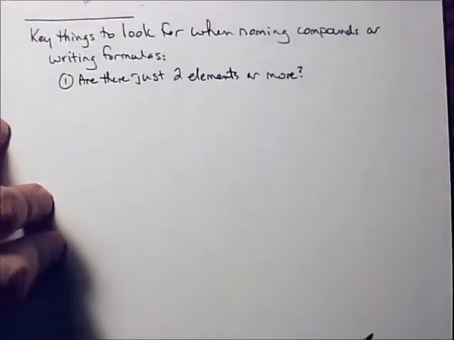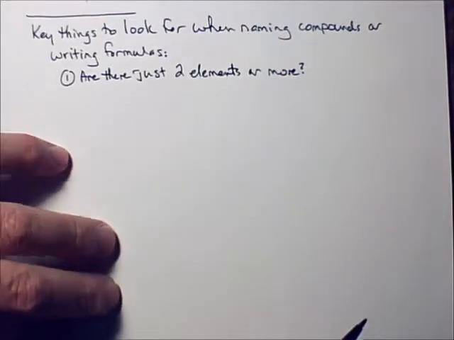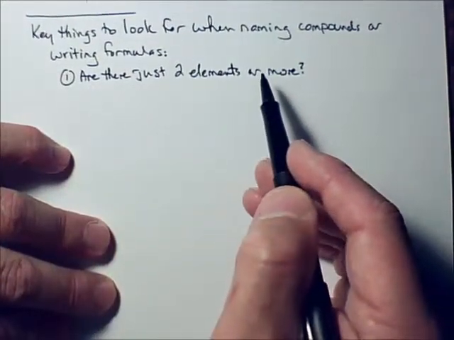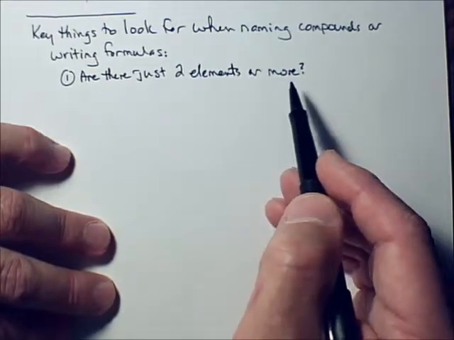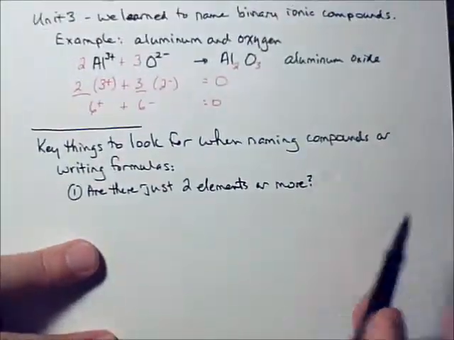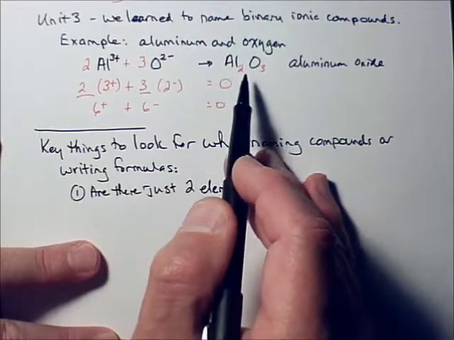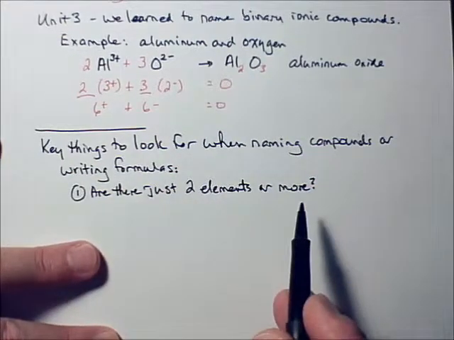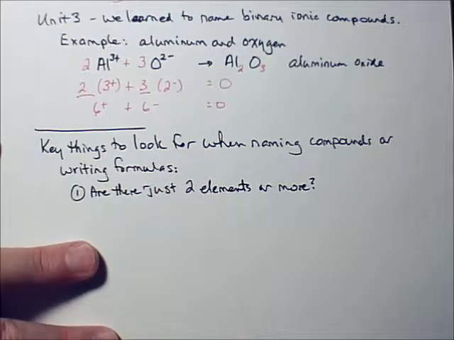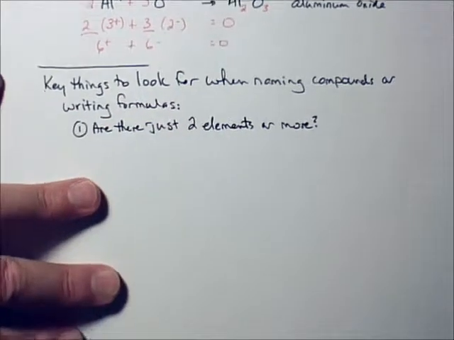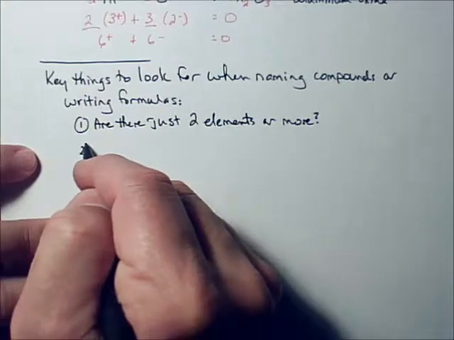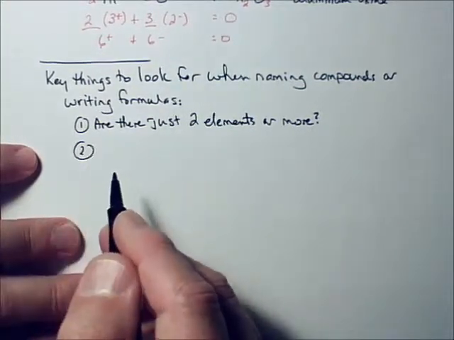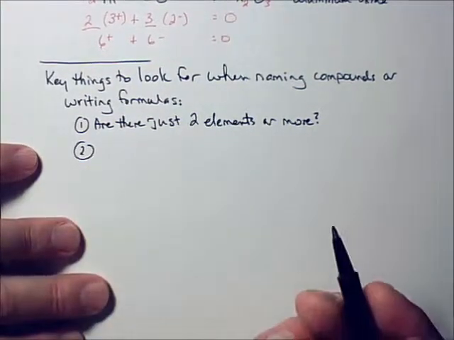All right, so what we're going through now are key things to look for when naming compounds or writing formulas. And the first thing is, are there just two elements or more? So what we did so far in Unit 3 was just two elements, aluminum in this case and oxygen. Okay? If there are more, there's a different naming system that comes into play. All right? Number 2, you want to know, are the elements all metals?